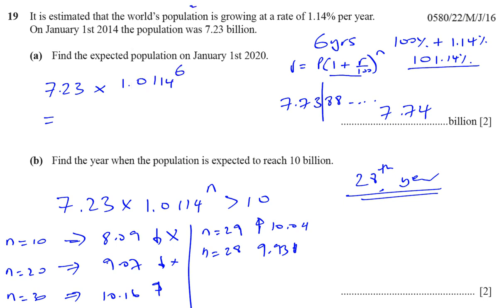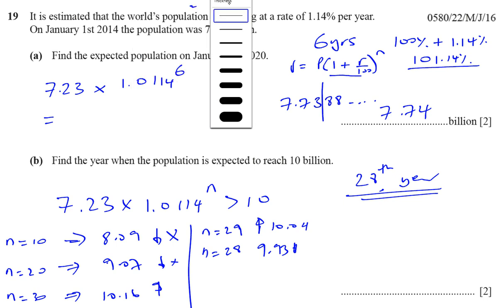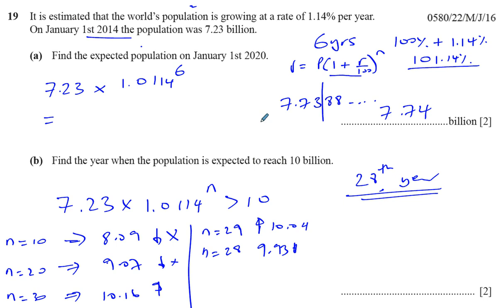So if you add 28 years to that, it gives you 42. In the year 2042, it will first reach 10 billion.